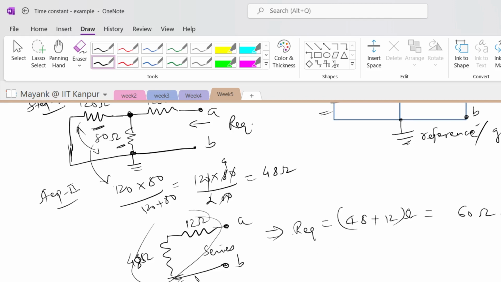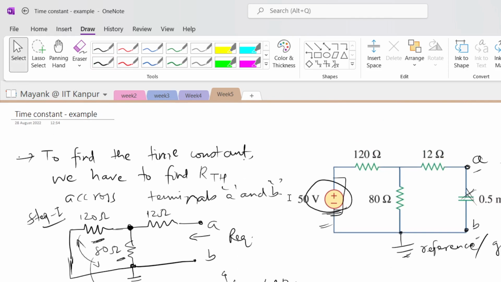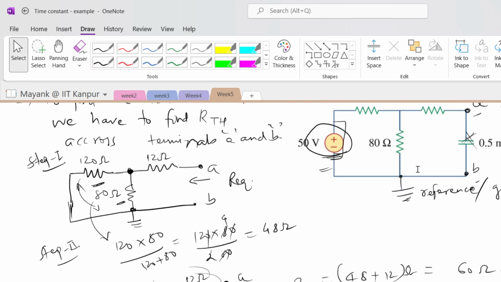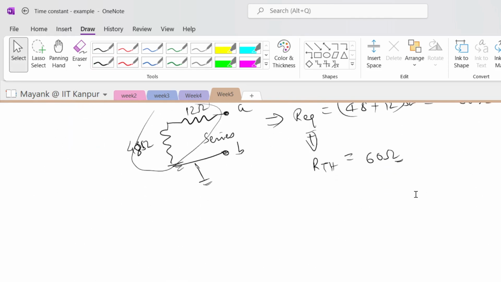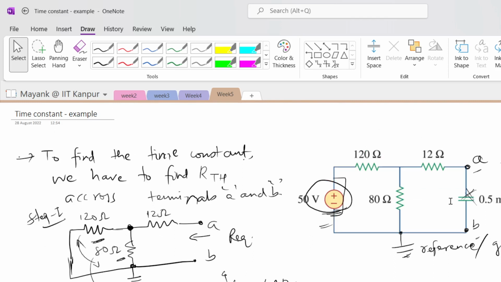So we have found the R equivalent, which is equal to the Thevenin resistance. This is equal to 60 ohms in this case. Now how do I find the time constant of this network?